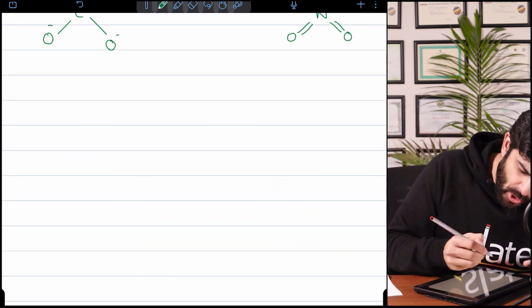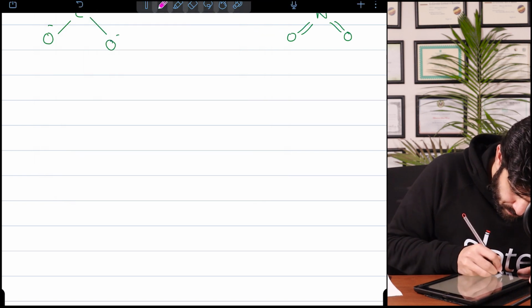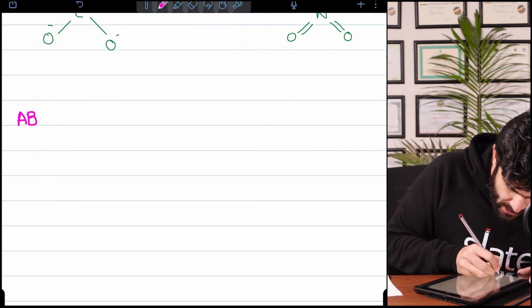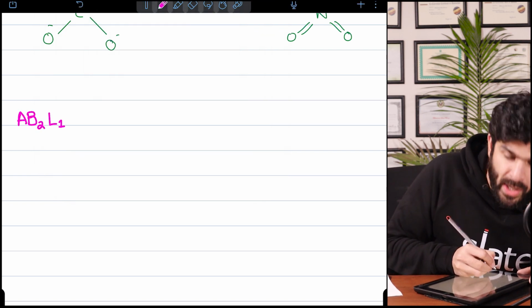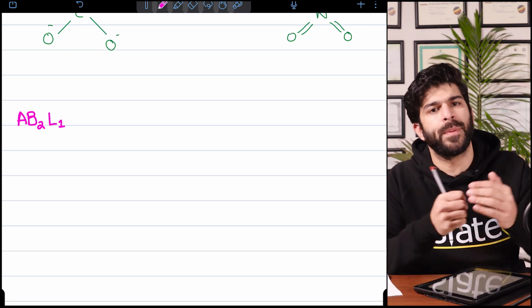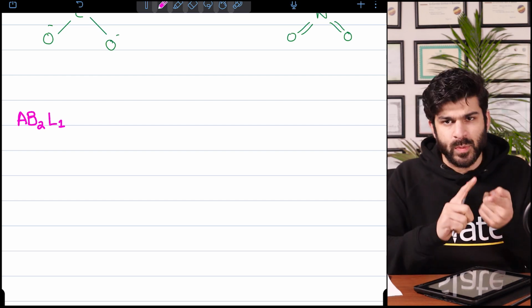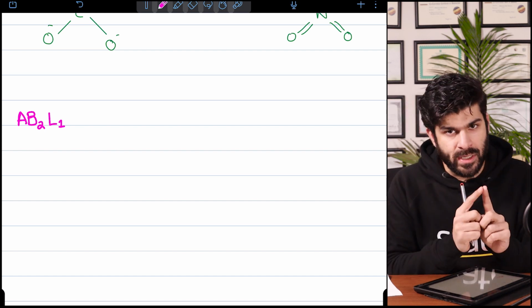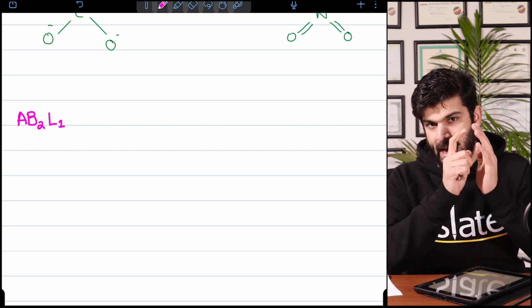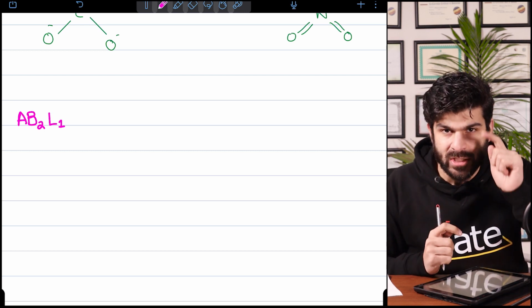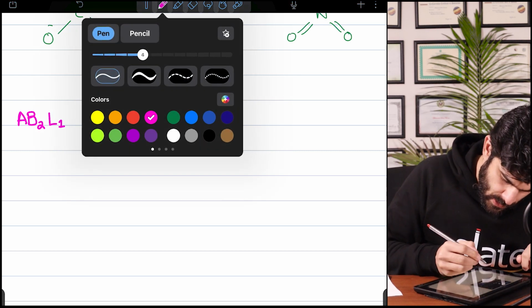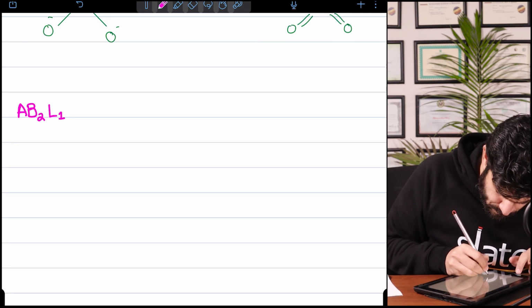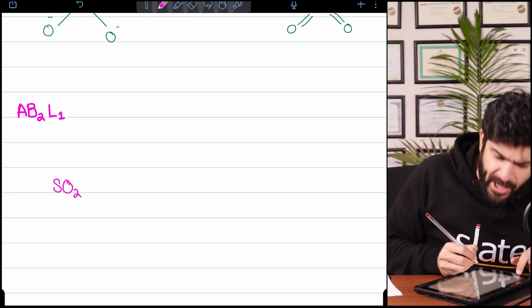Then we have another example of AB2L1. Let's welcome a lone pair now. In this case, we have 1 polyvalent atom, 2 bond pairs, and 1 lone pair. And as I said, you're going to hate sulfur. Let's talk about sulfur dioxide.